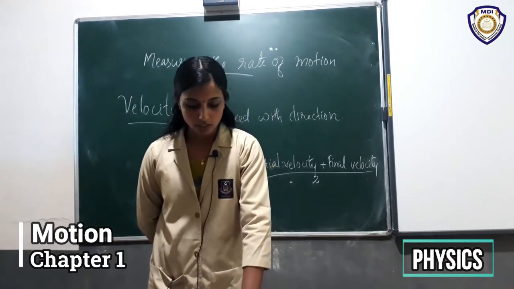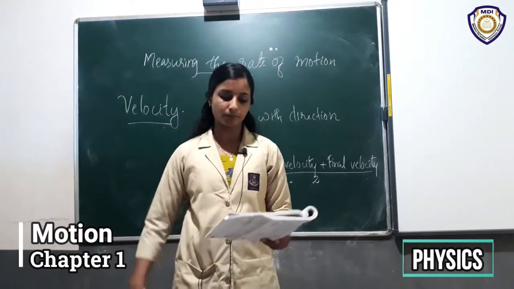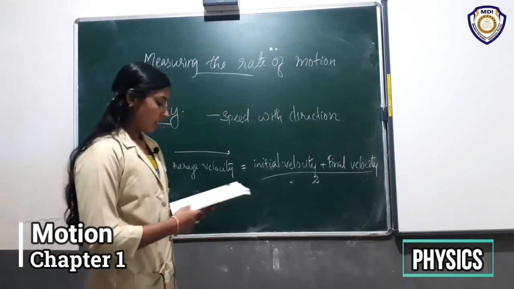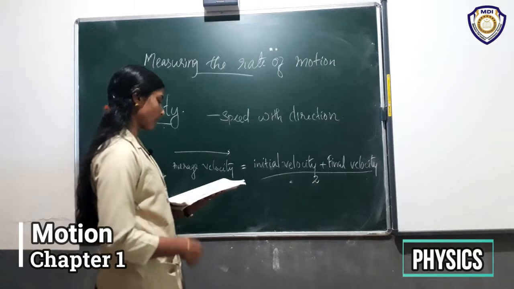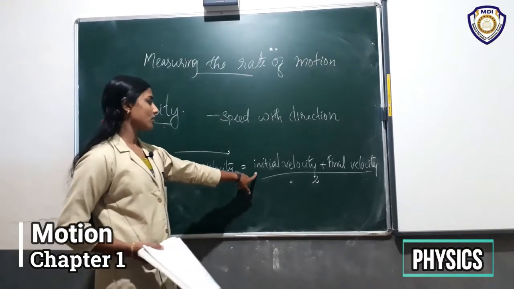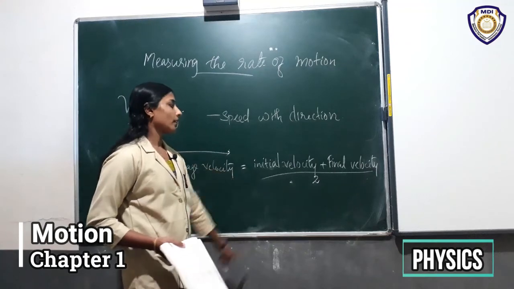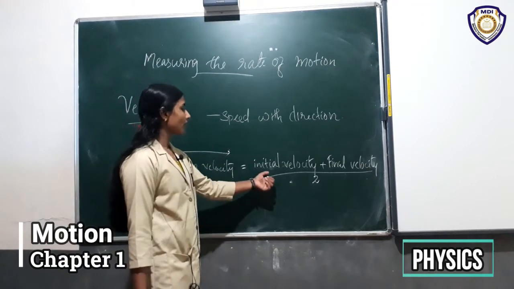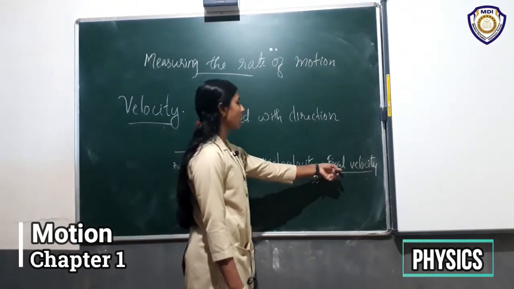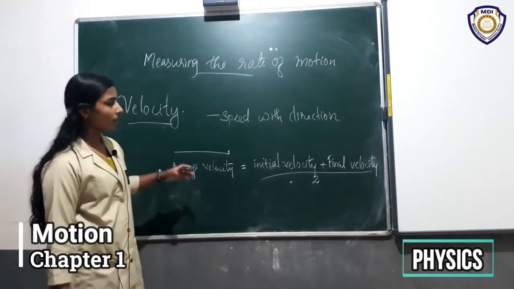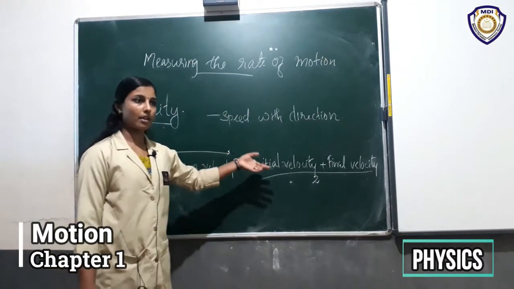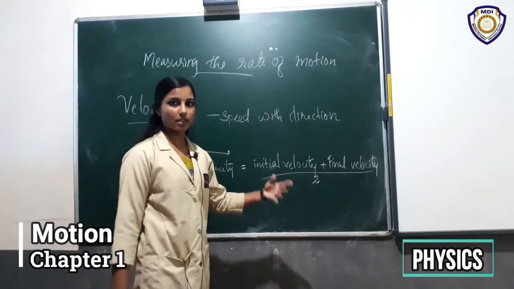Okay. So what do you understand from this? Initial velocity plus final velocity by 2. This initial velocity and final velocity may be variable or may be constantly changing.